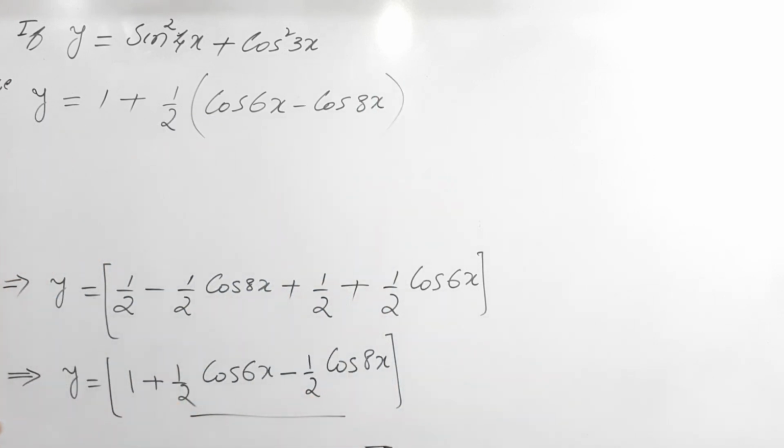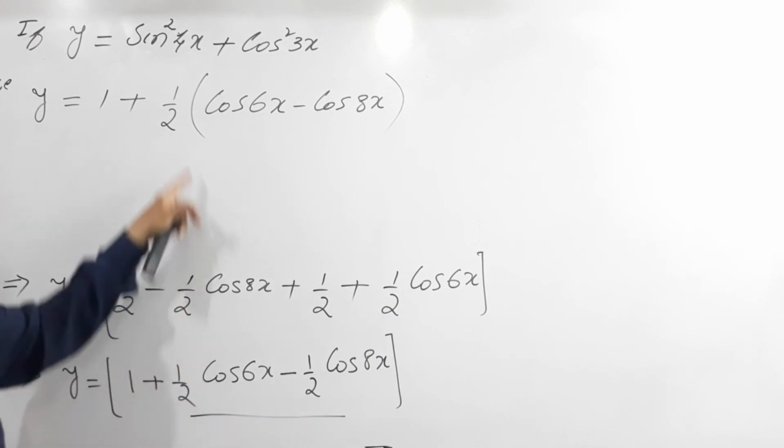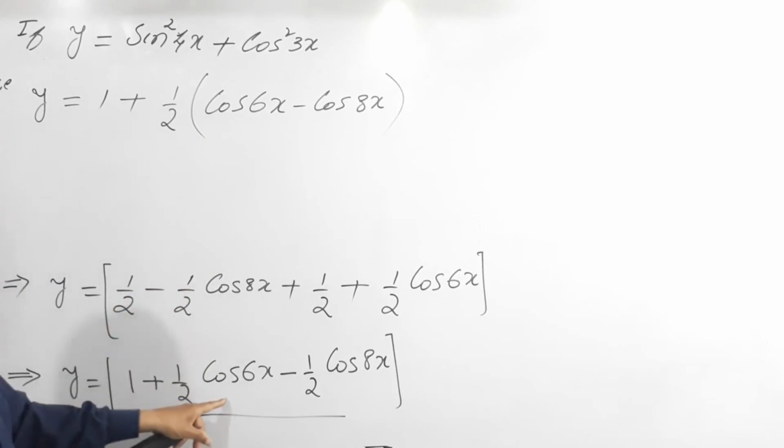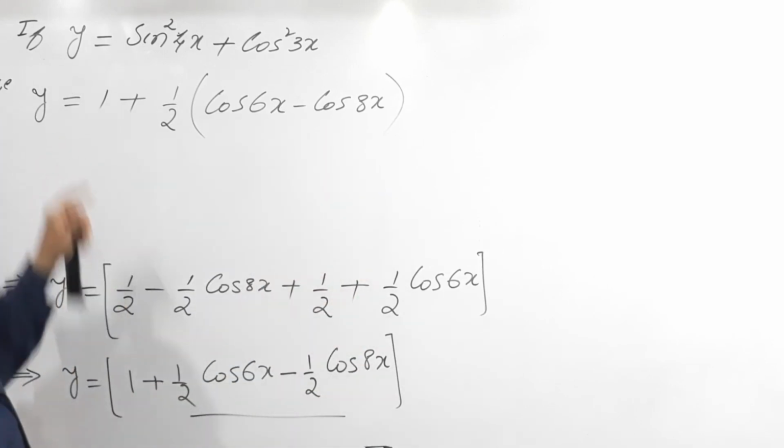Can I write like this? Because I have taken 1 plus, among this I have taken half common, so I am left with cos 6x minus cos 8x. So this is our y.